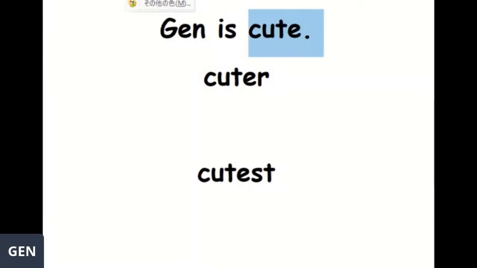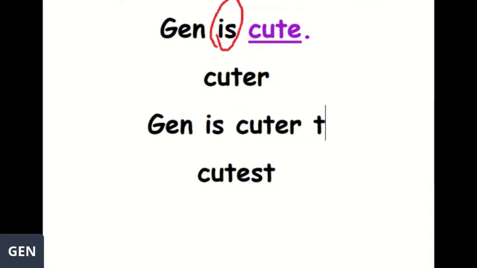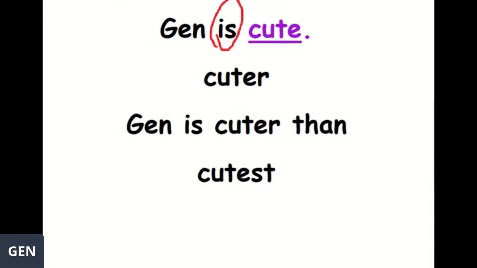Jen is cute, and your sentence is finished. Okay? Jen is cute. And your hint there, all you have to do is just add your verb there, is. Jen is cute. Next, let's have cuter. Jen is cuter than Geneva.